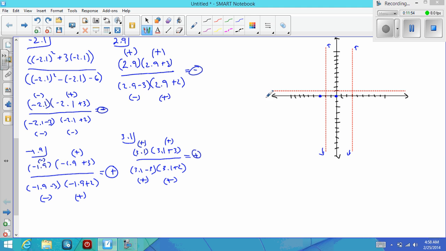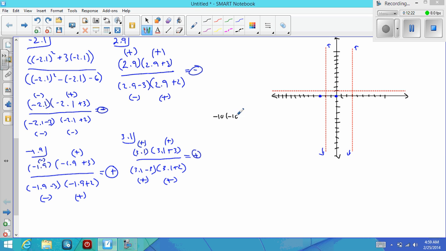So I'm going to test a point over here and make sure that it stays under. So let's see, 1, 2, 3, 4, 5, 6, 7, 8, 9, 10. Let's try negative 10. So I'm going to test negative 10.